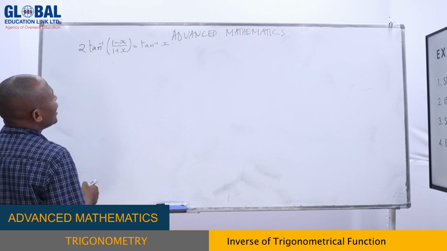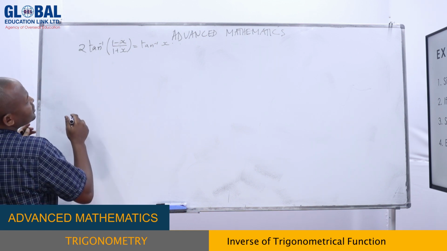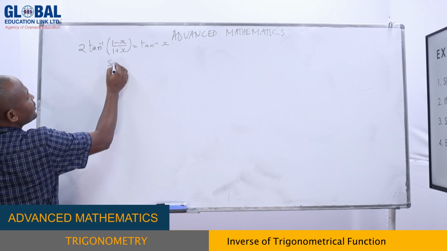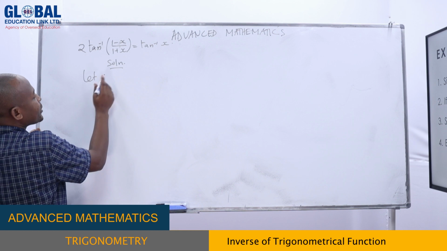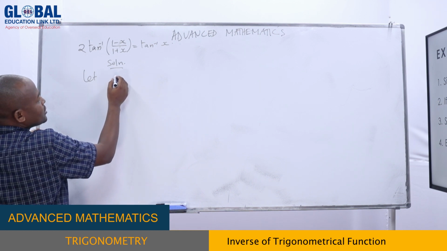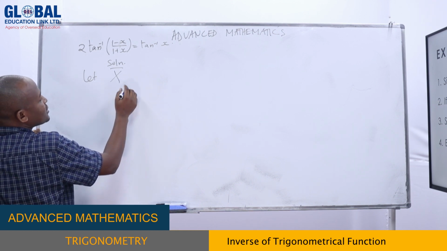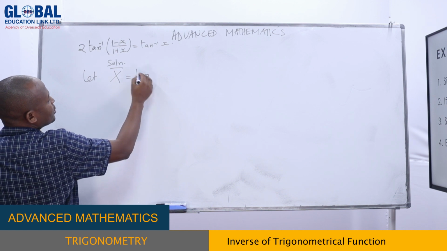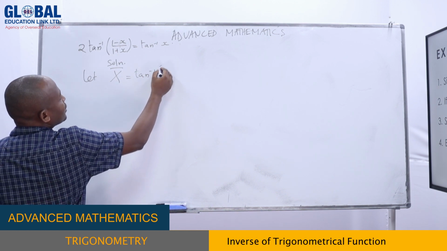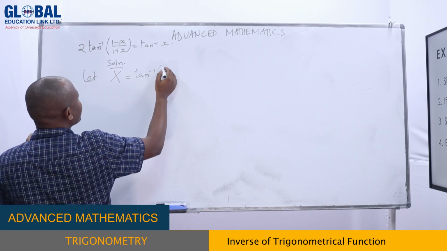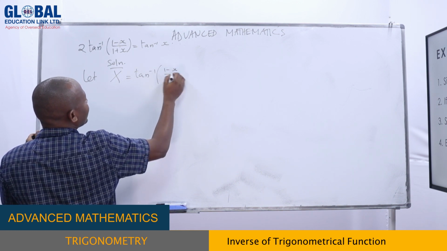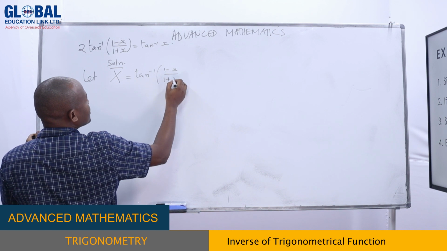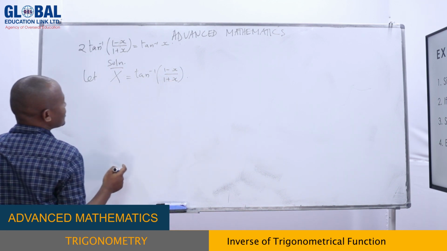It's fairly easy. Solution. Let capital X equal tan inverse of (1 minus x over 1 plus x).